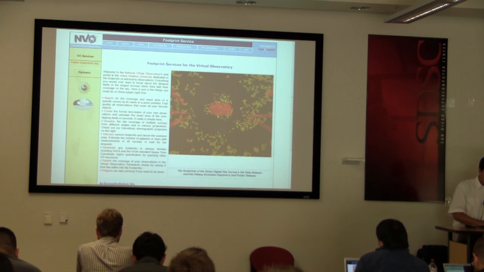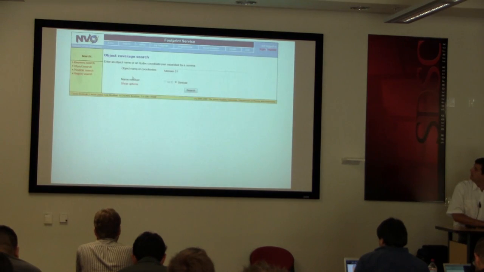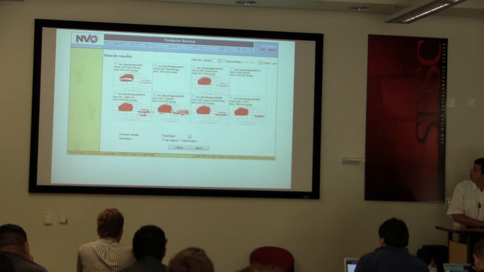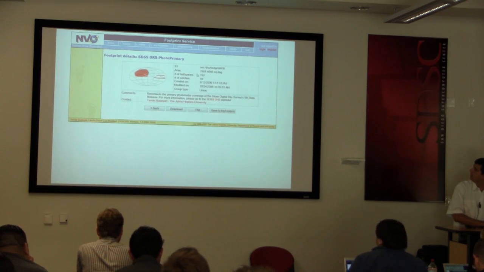That's the service. Here you can search for keywords, objects based on position, names, and so on. You can look at Sloan, footprints, other things, and you can click on these. You get information about what the area is for these things. You can go on to download them.